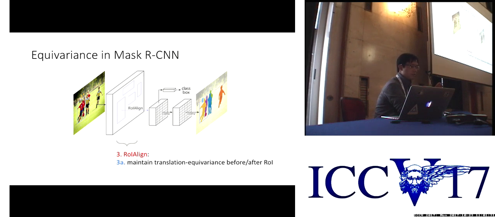As I mentioned before, before the ROI layer, the full image shared feature maps are translation equivariant, and the FCN output after the ROI layer is also translation equivariant. So to make the entire system translation equivariant, we also want the ROI operation to be translation equivariant.